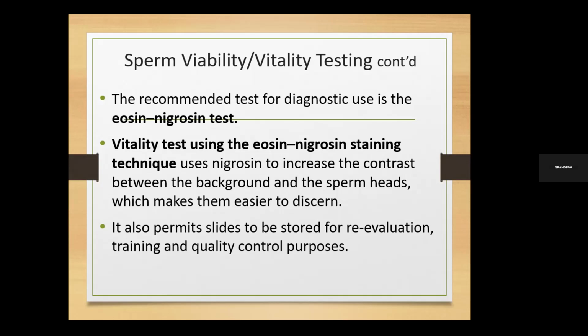So when the lab talks about a counterstain, you're talking about a stain that primarily gives the background staining of the preparation. So with the eosin, it is the real deal. Nigrosin is added as a counterstain of a sort, so it gives you a background staining.